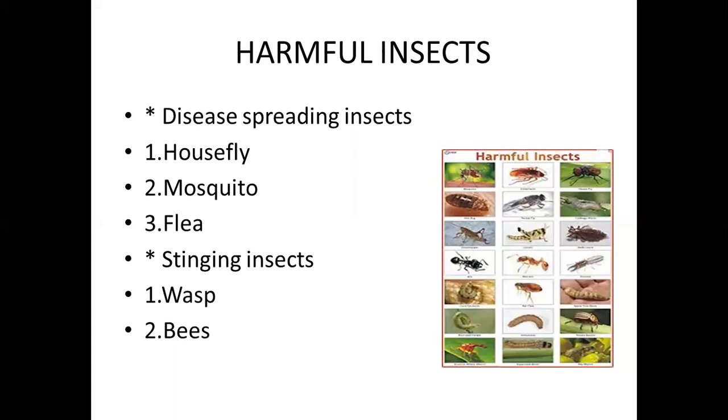When houseflies sit on garbage or animal excreta, the germs are attached to their body. They carry these disease causing germs on their feet and bodies. When these flies sit on any other food item, the germs are passed on to the food.